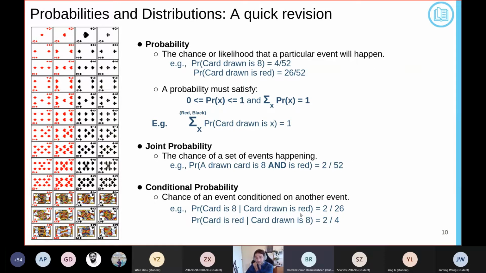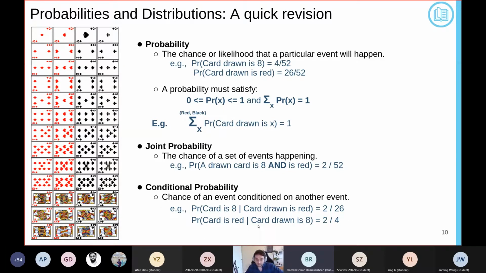The context is that the card is red. This is why instead of using the whole stack, like in the other probabilities, we are actually using only the red cards. This is the condition that we have here. So the cards are red. There are 26 red cards, and 2 of which are 8. That will be the probability.